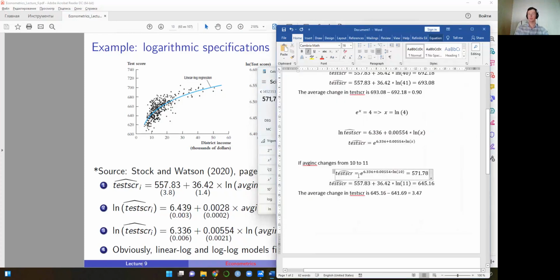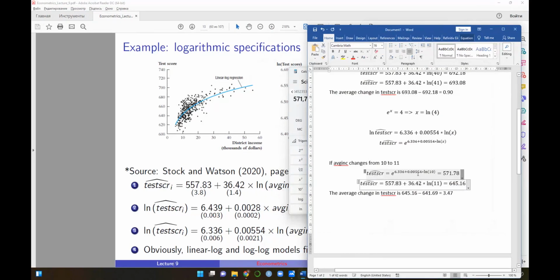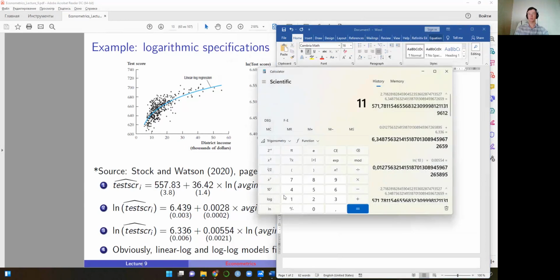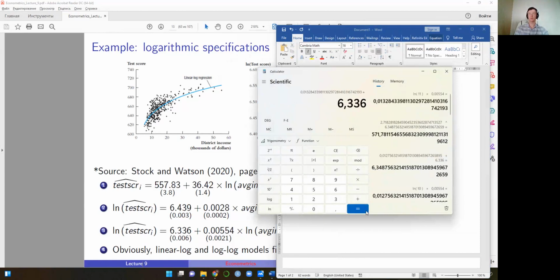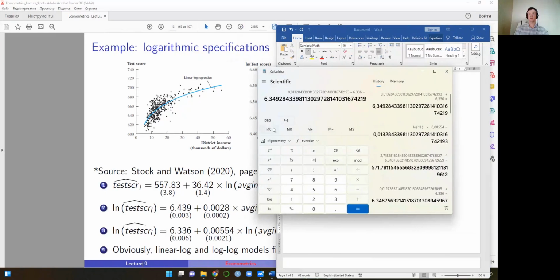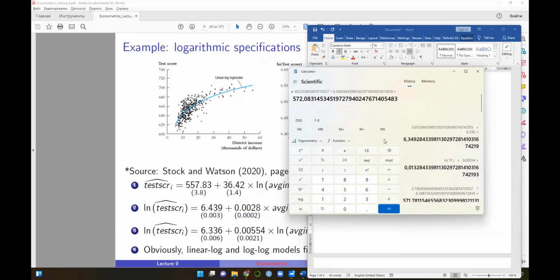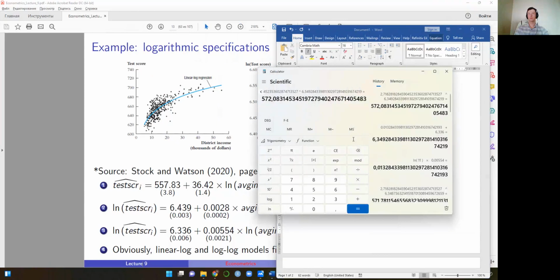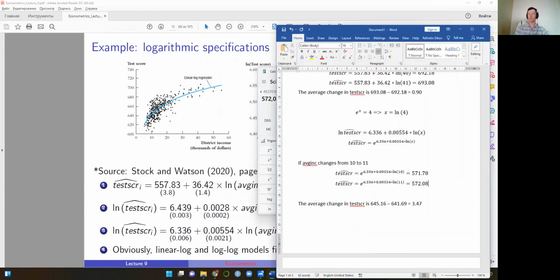Okay, and when the average income is 11, we take 11 here, and we calculate the result. It's 572.208.